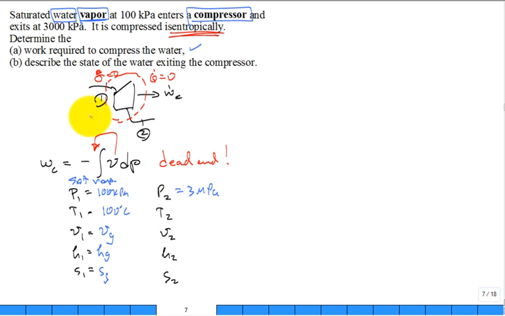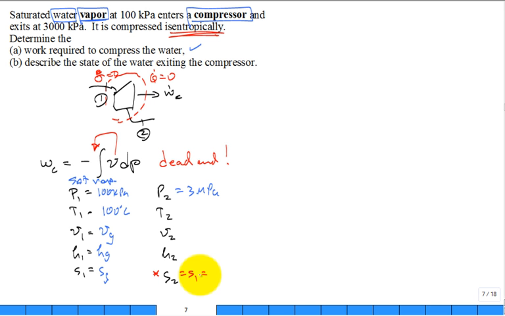It's adiabatic, it's reversible, hence it's isentropic. What do we know in this list over here from the second law? s2. Because from the second law, s2 is equal to s1.